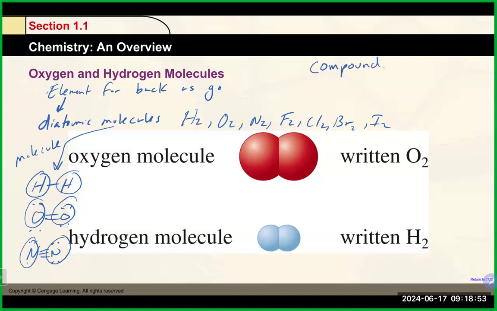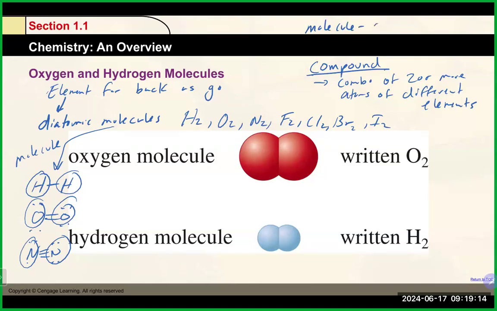A compound is the combination of two or more atoms of different elements. And that is the distinction between a compound and a molecule, which is just really the combination of two or more atoms.